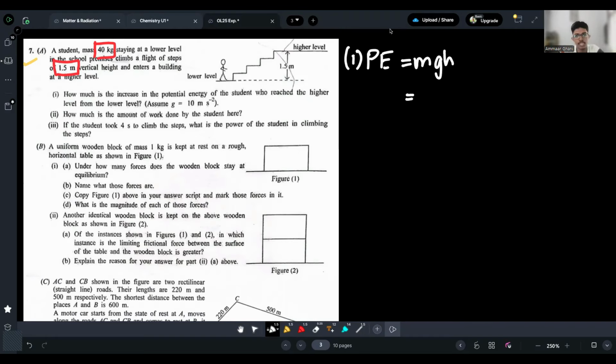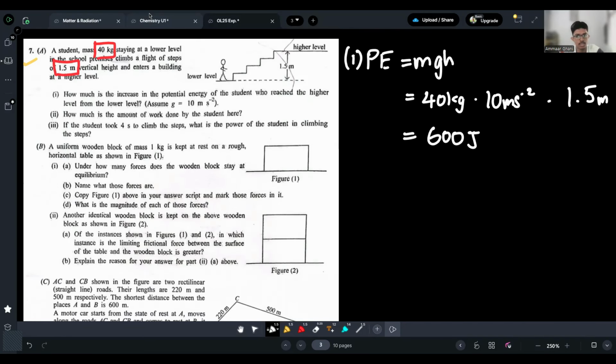The mass of the student is given in the introduction as 40 kilogram, gravitational acceleration is 10 m/s², and height is 1.5 meter. So you get the potential energy as 600 joules. This is exactly how you have to answer Roman number 1.